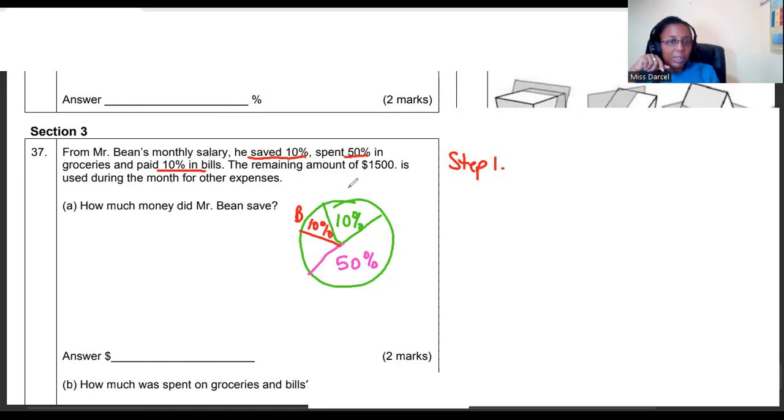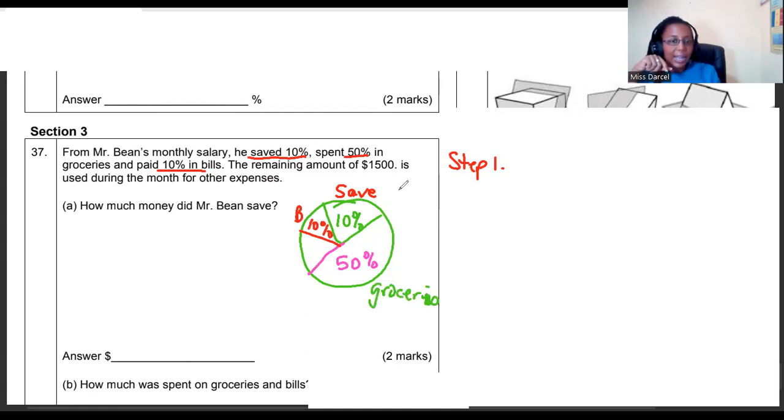This would be savings, he saved 10%. And 50% is groceries. Oh, he eats a lot. For one person, that's a lot.